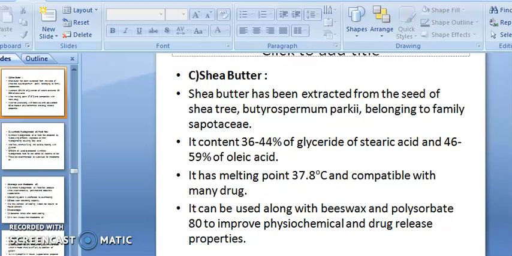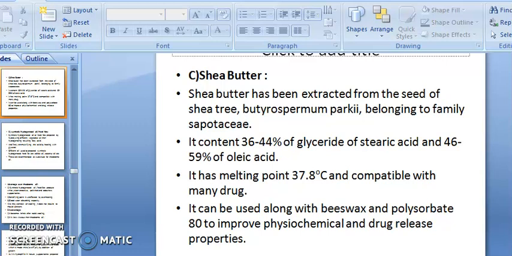Shea butter contains 36 to 44% glycerides of stearic acid and 46 to 59% of oleic acid. It has a melting point of 37.8 degrees Celsius and is compatible with many drugs.